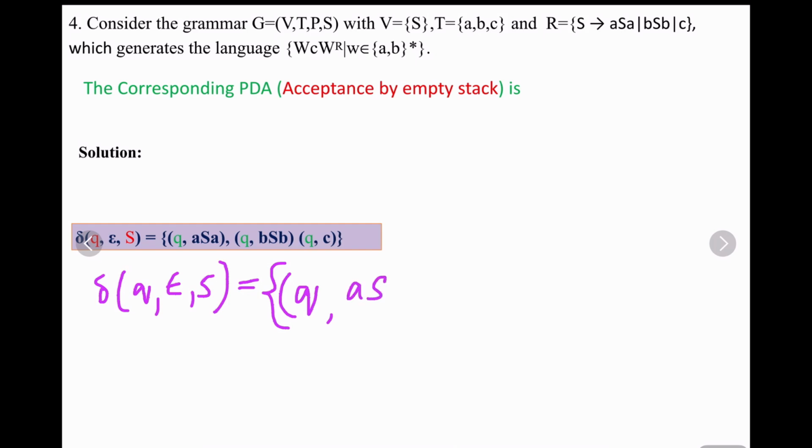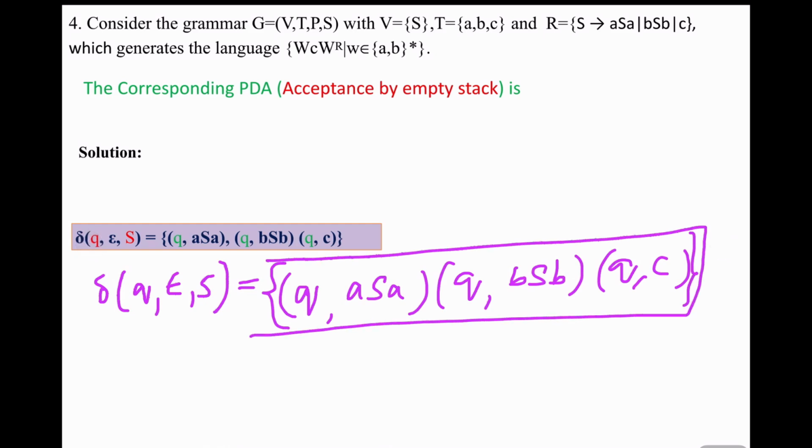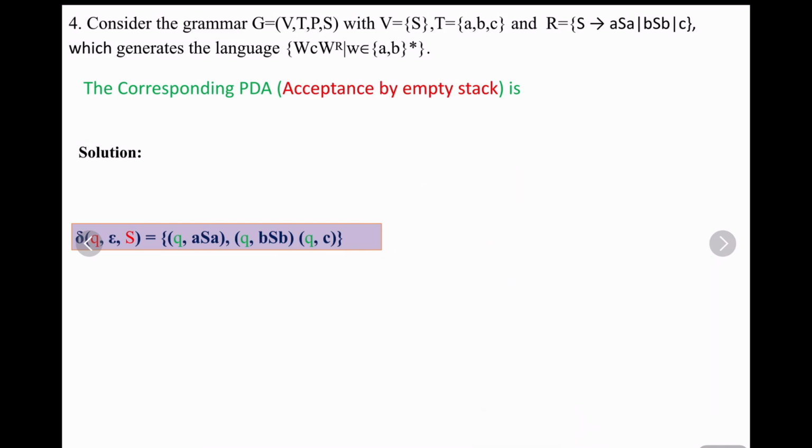One is ASA, another is BSB, another is C. You only have to push them onto the stack directly. This is a push operation. Whatever the S production is, you just push it onto the stack. I hope you understand this.